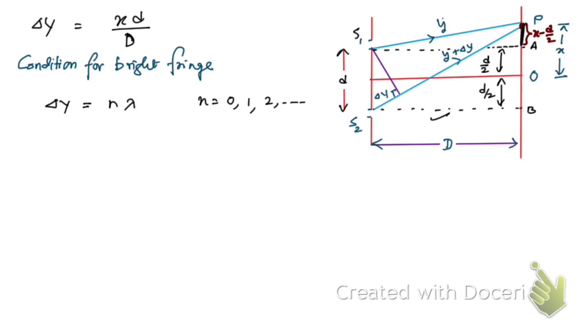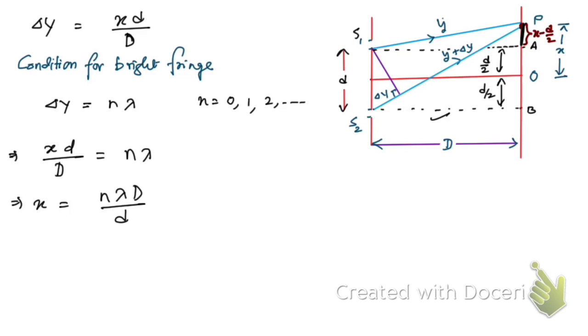You see, I will tell you the reason. First let me do something. So we can replace this del y by this. Okay, then what we can write, so del y is nothing but x small d by capital D equals n lambda. So in that case x will be equal to n lambda capital D by small d.